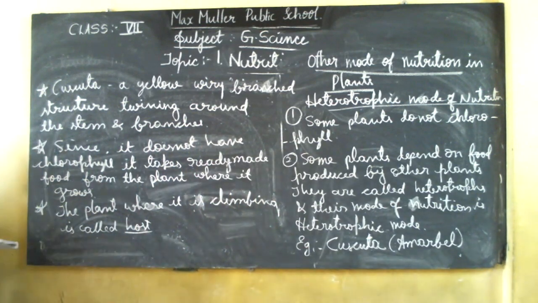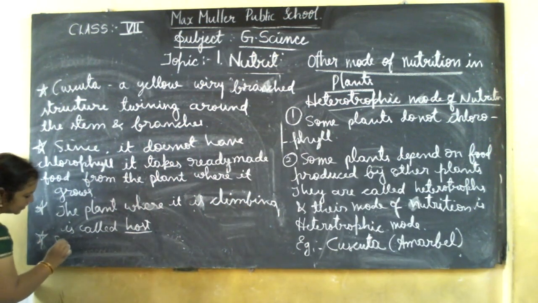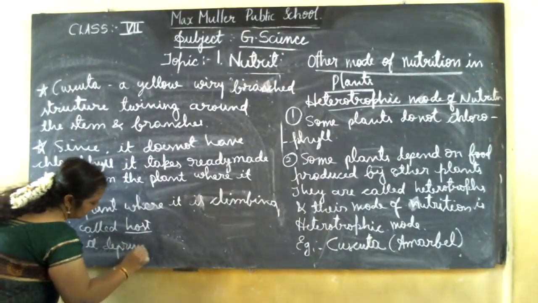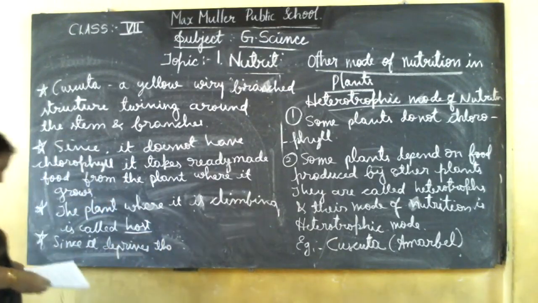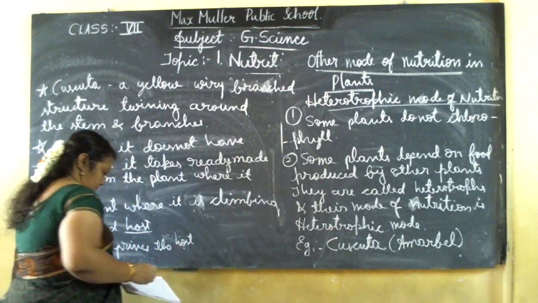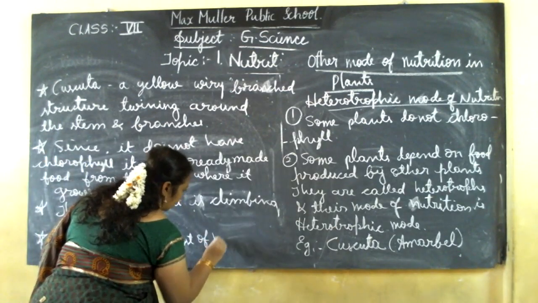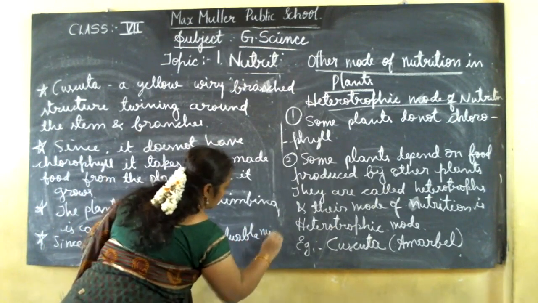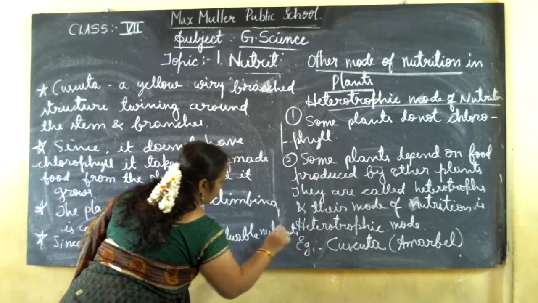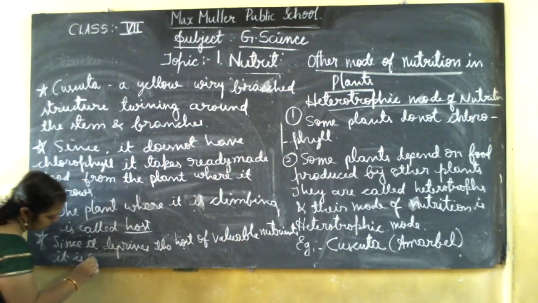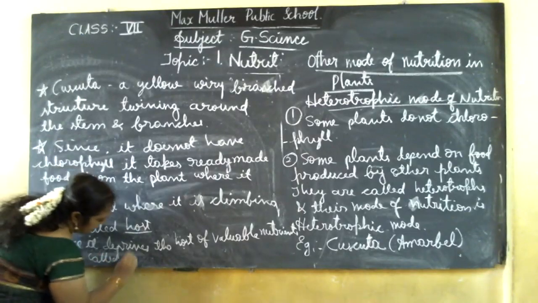Since it depends upon the other plant and deprives the host of valuable nutrients, it is called a parasite.